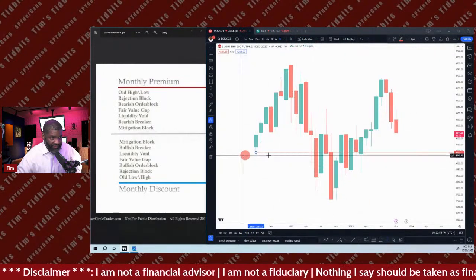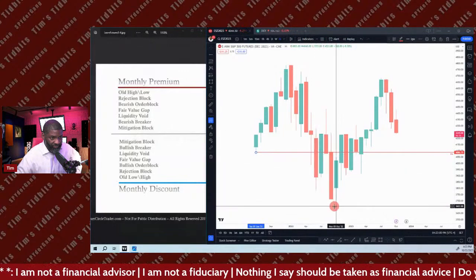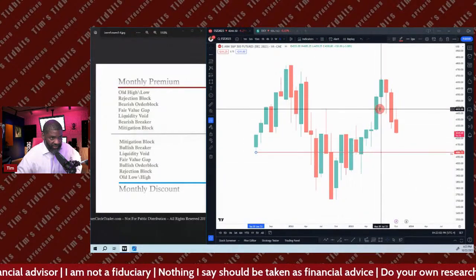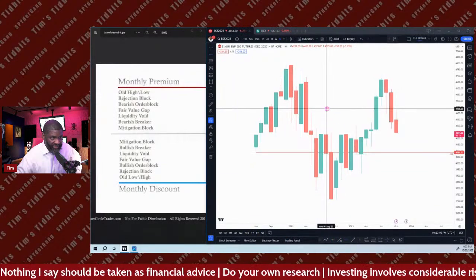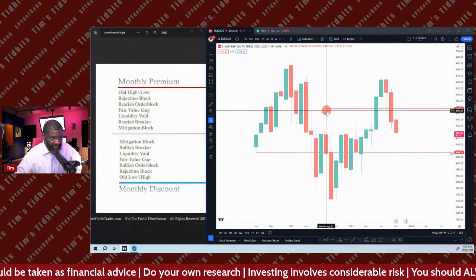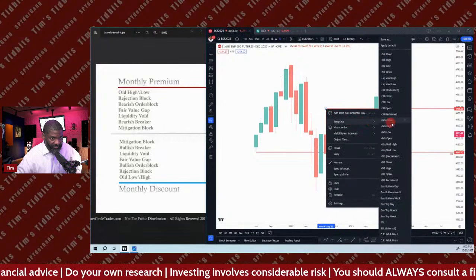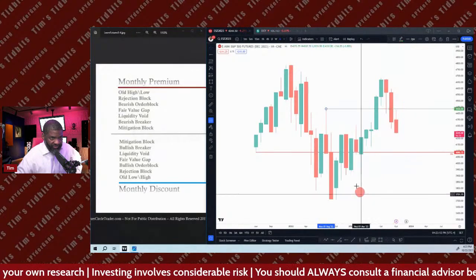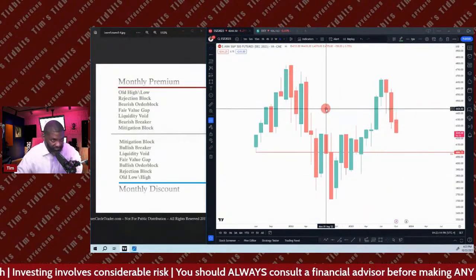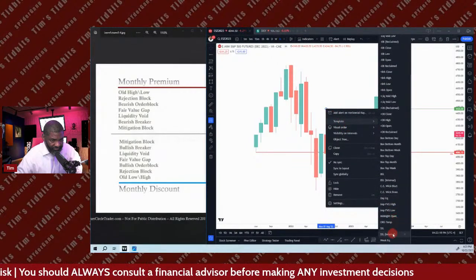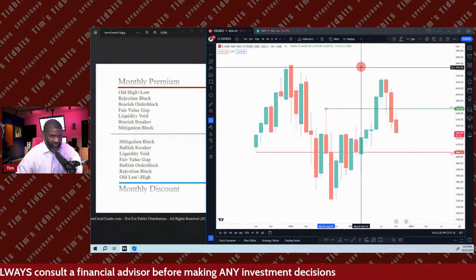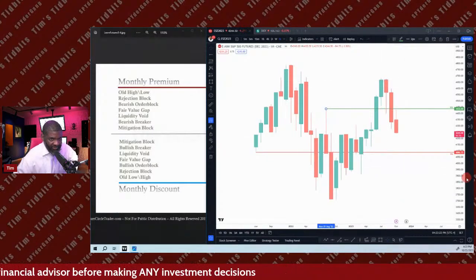Price came down, took out this sell side liquidity. Price came back up, took out this buy side liquidity right here. Once we took out this buy side liquidity, that gave us a breaking market structure to the upside.